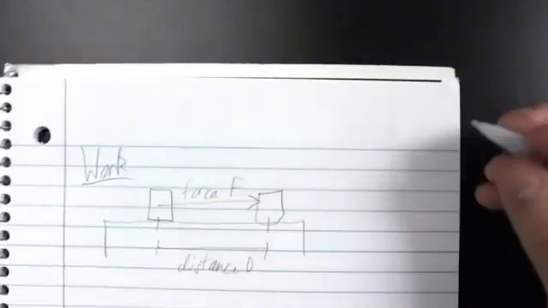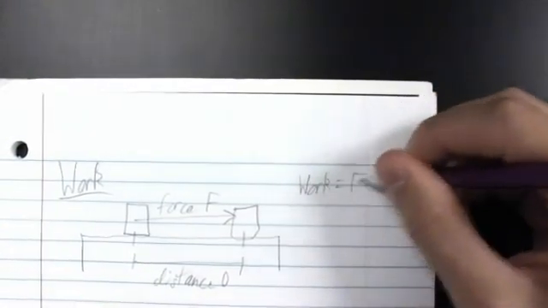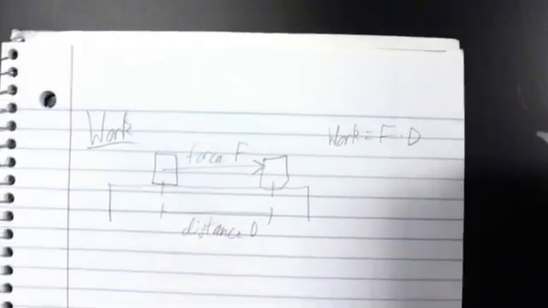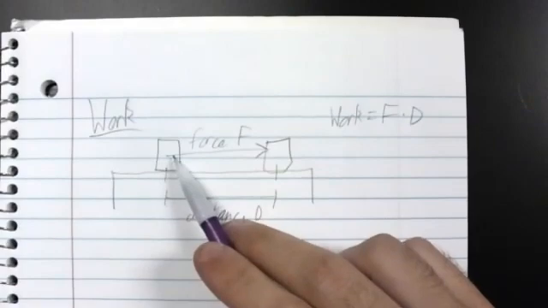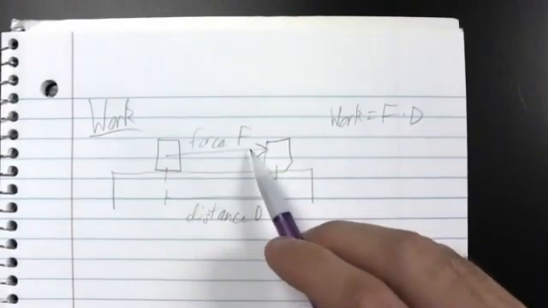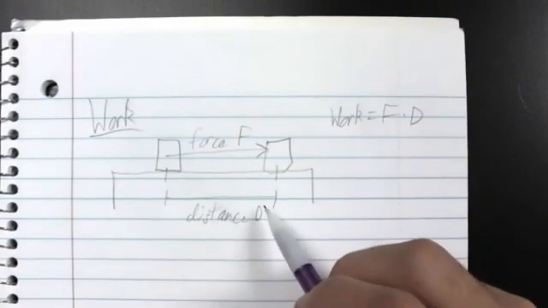And I can combine these to create a new concept called work, where work is force times distance. So the work done to move this object using this force, this distance, is just the force multiplied by the distance.